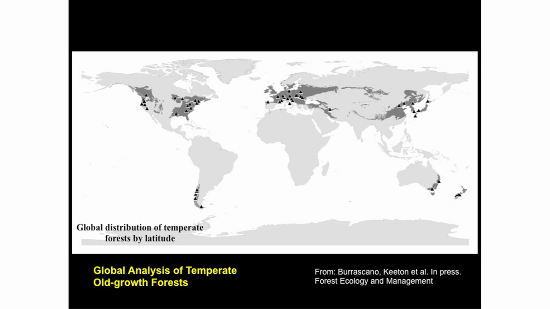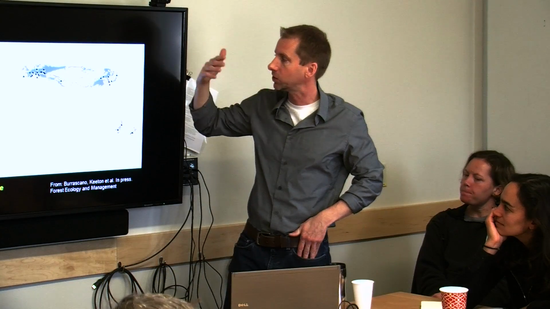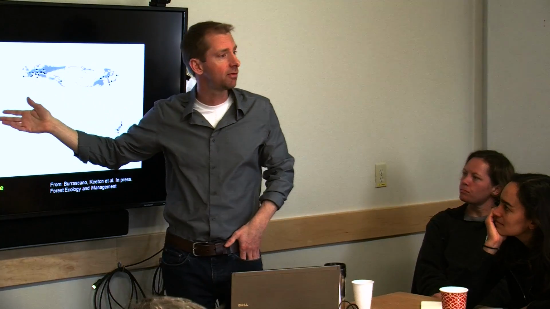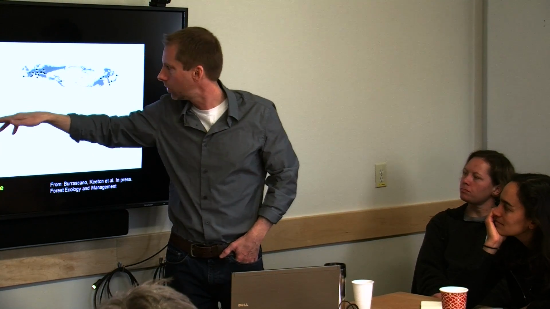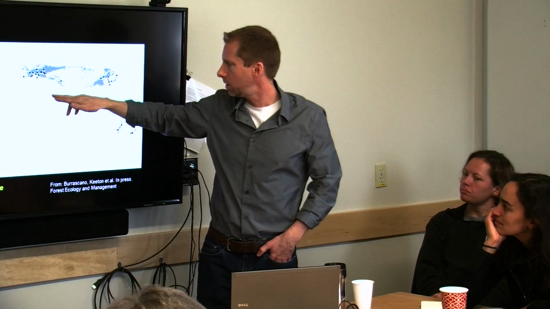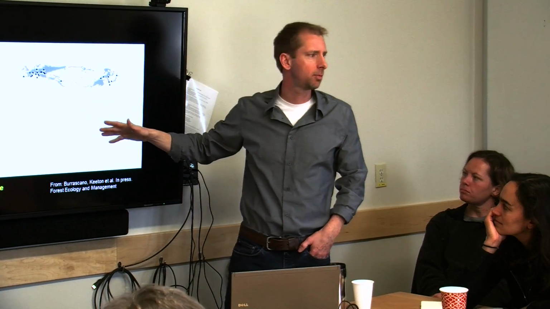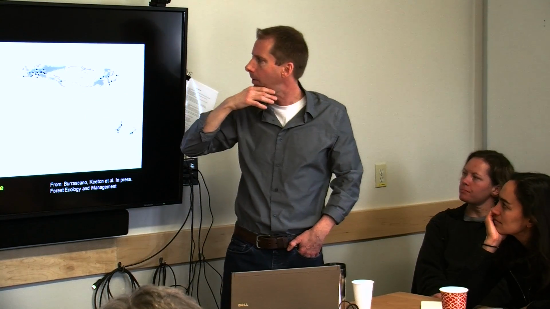This is a study in which we looked at temperate old-growth forests globally. So the map shows the distribution of temperate forests by latitudinal zone. So it's fairly complete, but it actually misses some of the high elevation temperate systems that you have in Central America, Northern Andes, the Ethiopian highlands, other places. So it doesn't pick those up.